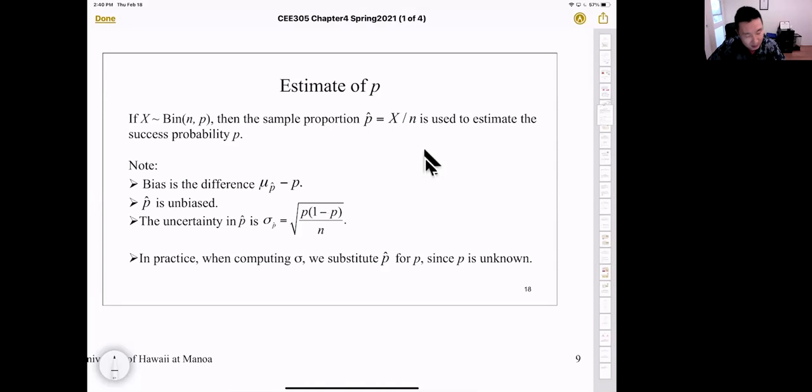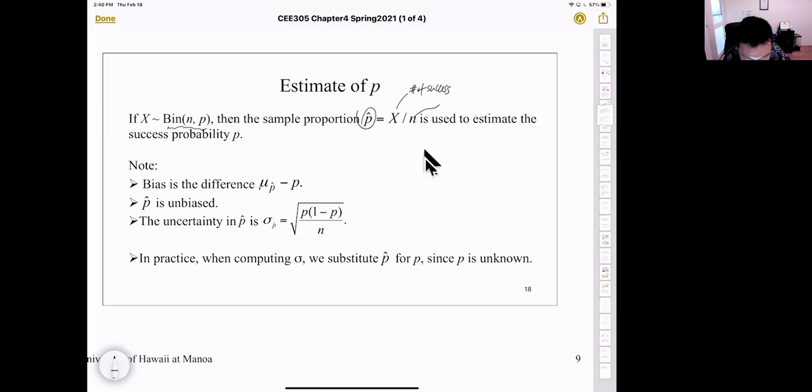So this slide is showing us how to estimate the proportion p. Okay. So if x follows binomial distribution n, p, and then the sample proportion, we write as p with a small hat on top of it. So p hat is equal to x over n. So x, remember, is number of successes, and n is the n trials.